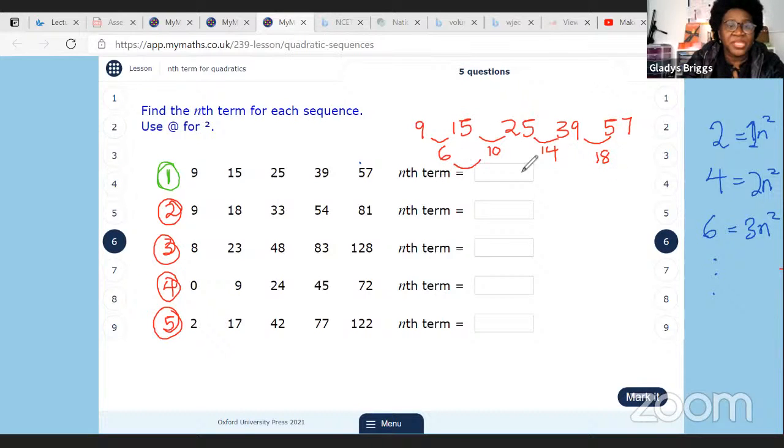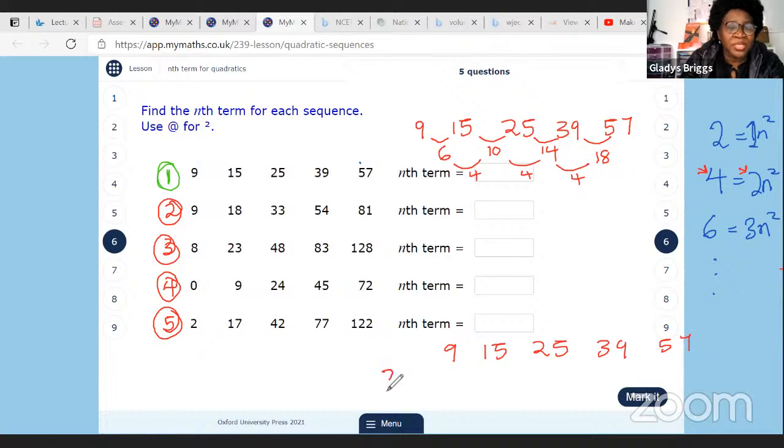Now, the second difference here seems to be 4 each time. So we know it's going to be 2n squared. But now we have to make our comparison. So 9, 15, 25, 39, and 57.